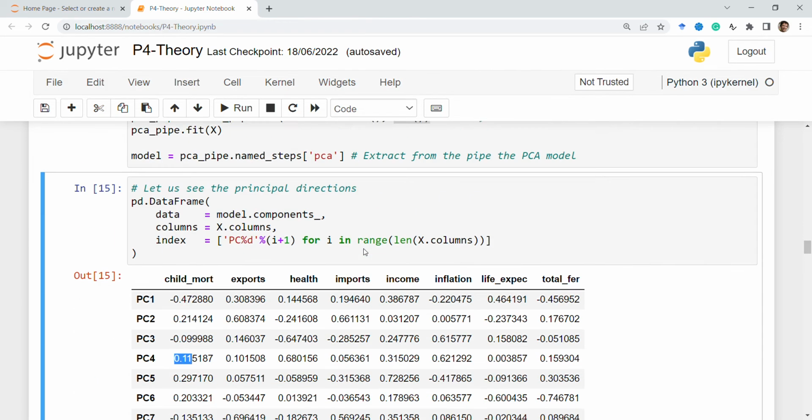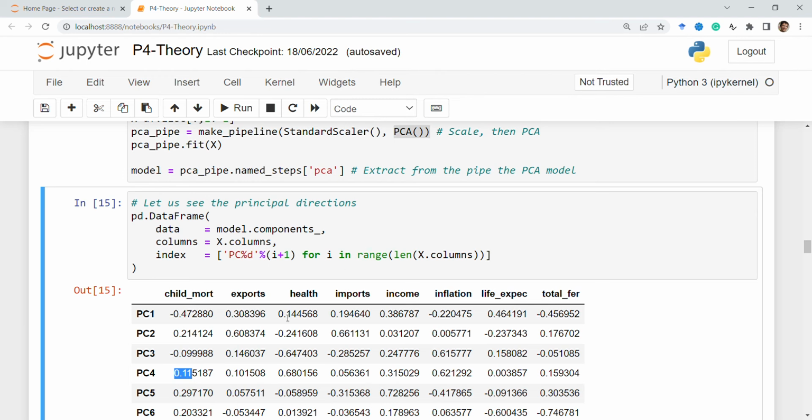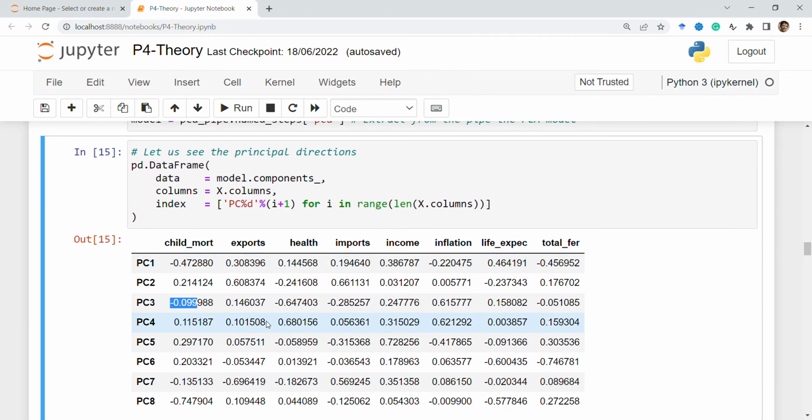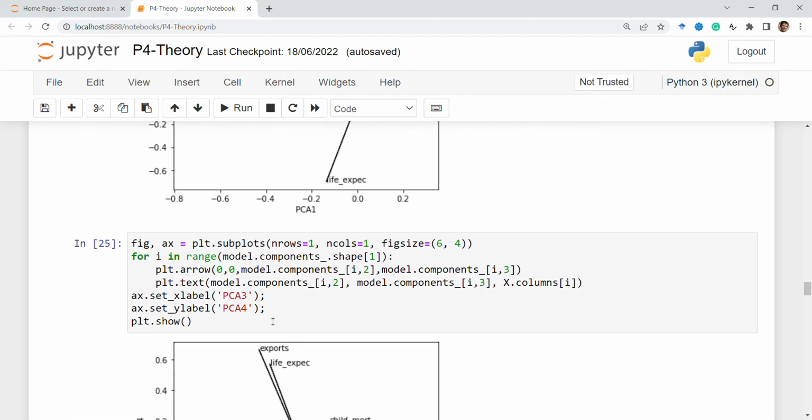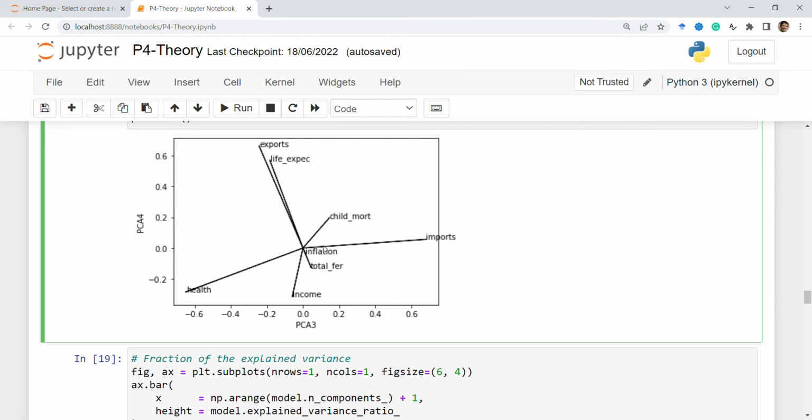Let's see, minus 0.099. So this seems to be a mistake, I think. Maybe I'm taking the wrong component here, but it doesn't seem to be what I expected.